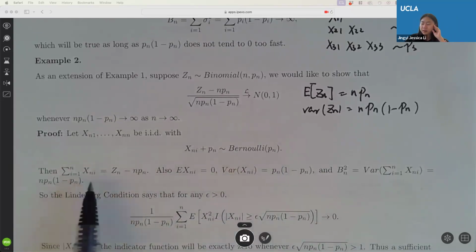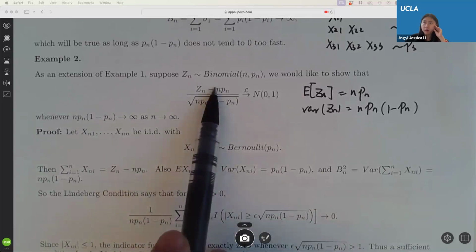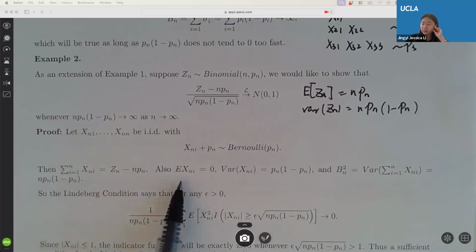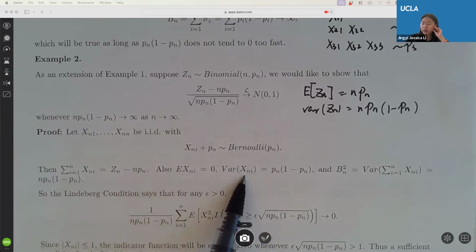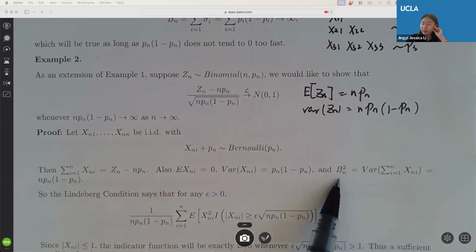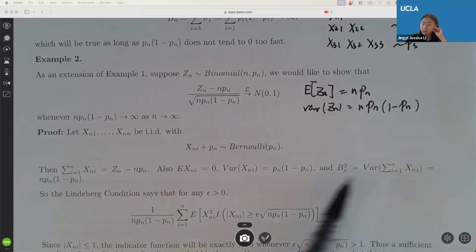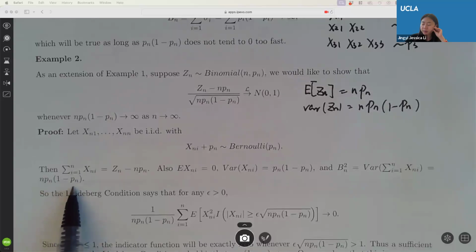And then the sum of xni will become Zn minus n times pn, which is our numerator here. So xni has mean 0. The variance of xni is pn times 1 minus pn. And the Bn squared in the Lindeberg-Feller theorem is the variance of the sum, which is n times pn times 1 minus pn. Okay, so we are left to check the Lindeberg condition.